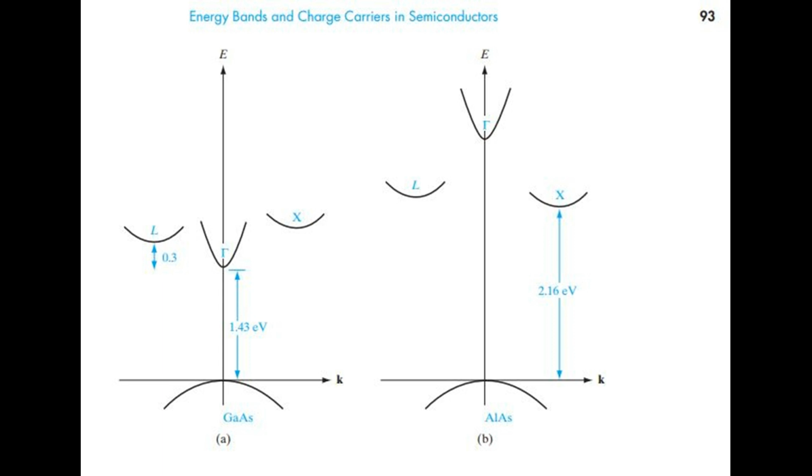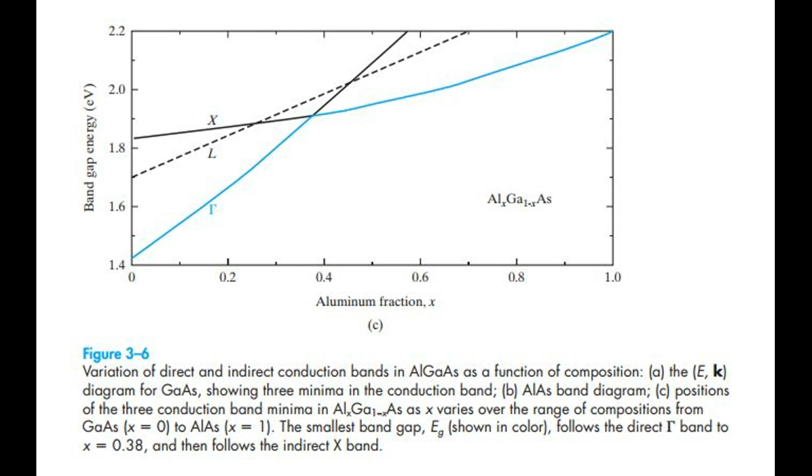A. The E-K diagram for gallium arsenide, showing 3 minima in the conduction band. B. Aluminum arsenide band diagram. C. Positions of the 3 conduction band minima in aluminum x gallium 1-x arsenide as x varies over the range of compositions from gallium arsenide, x equals 0, to aluminum arsenide, x equals 1.